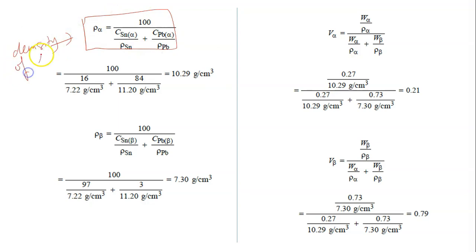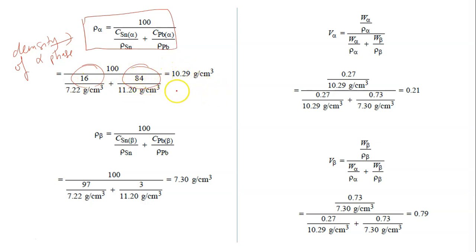of the alpha phase. So you use this formula and you need to work out what is the composition of tin in the alpha phase and what is the composition of lead in the alpha phase.